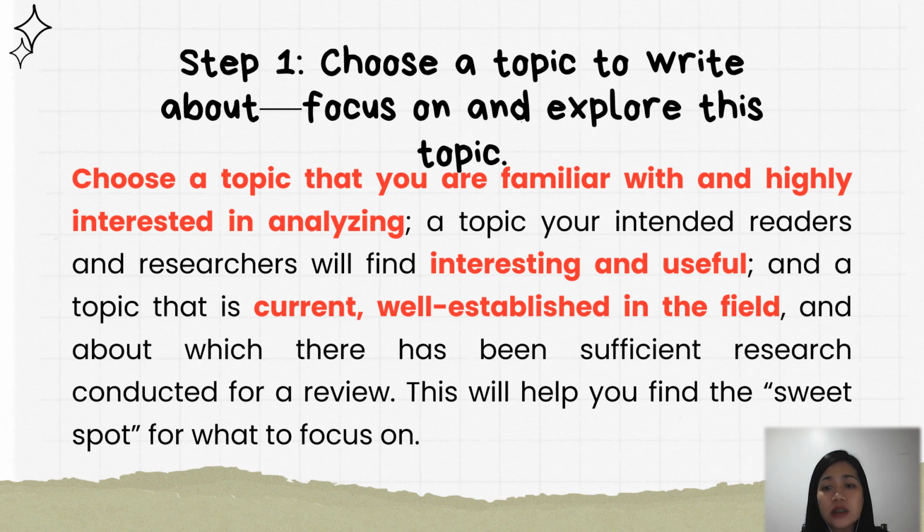A topic your intended readers and researchers will find interesting and useful, and a topic that is current, well established in the field, and about which there has been sufficient research conducted for a review. This will help you find the sweet spot for what to focus on.